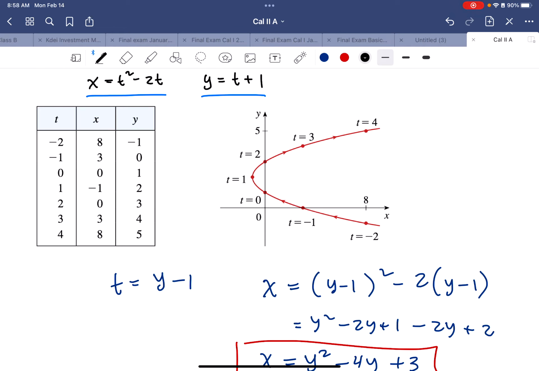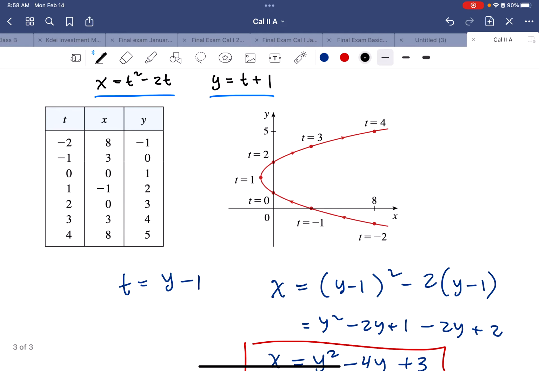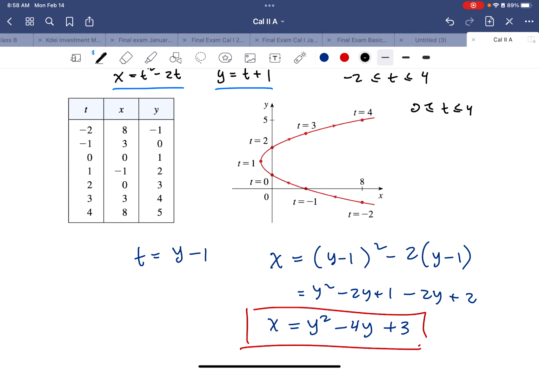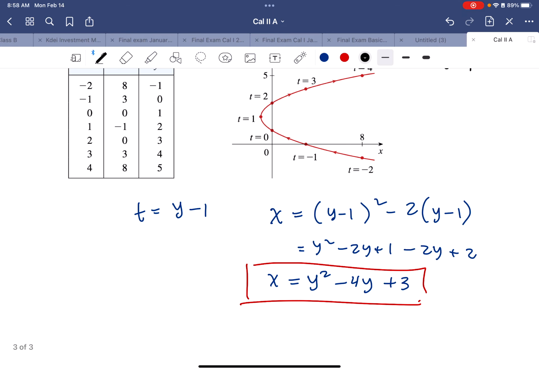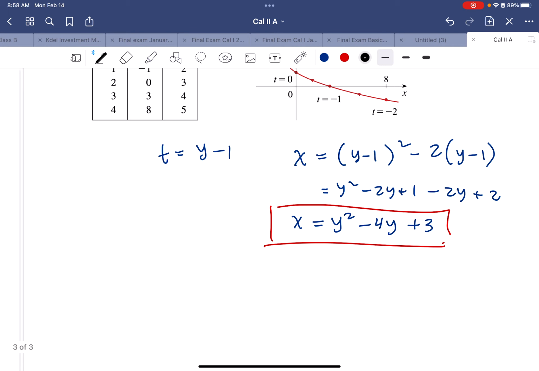So probably we can restrict the t, up until maybe -2 until 4, or maybe 0 to 4, that's also possible. Depends on the situations, depends on the case also.